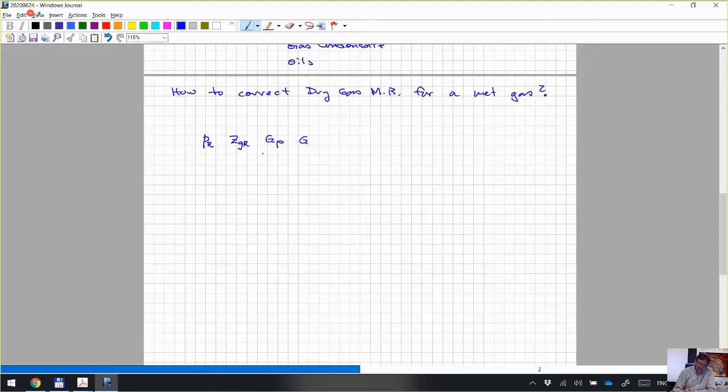So what we're going to have to do is change these two here, such that the standard cubic feet we're talking about in both cases, or standard cubic meters if you're communists.